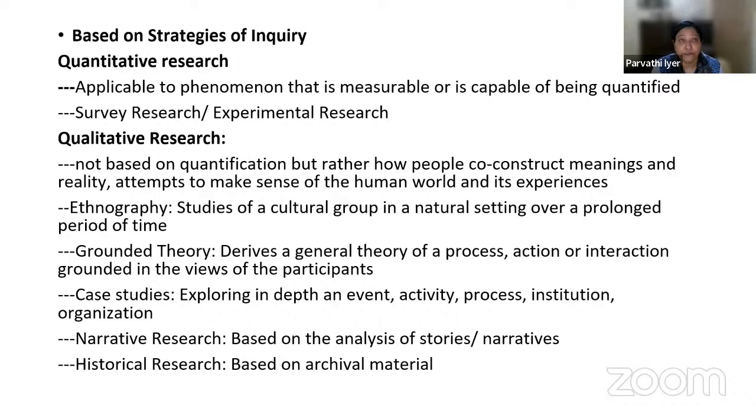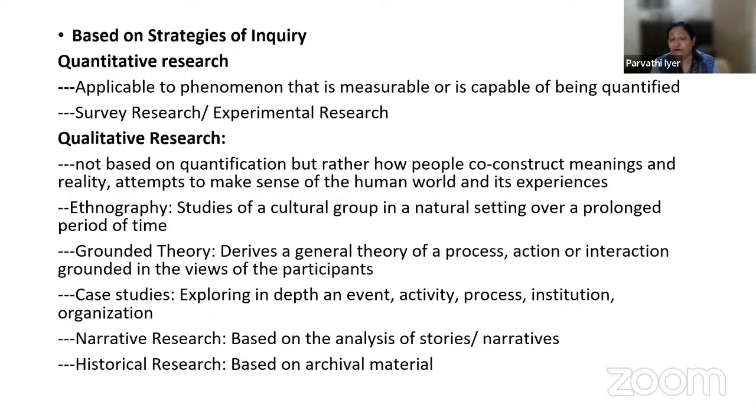We make sense of the world through shared meanings. Okay, so you can't call it subjectivity, but philosophically, you can say that there is some kind of intersubjectivity, and we make sense of this world through shared meanings. So people actually are co-constructing meanings and reality.